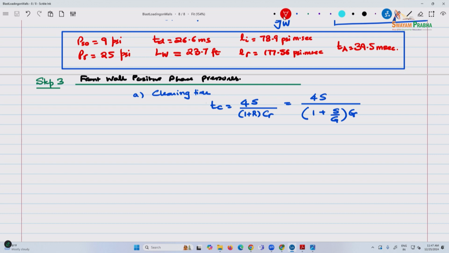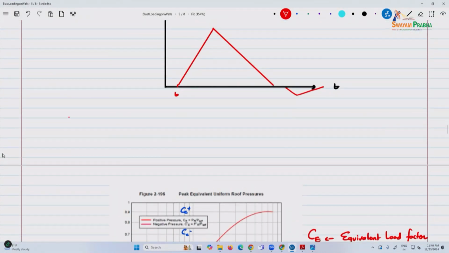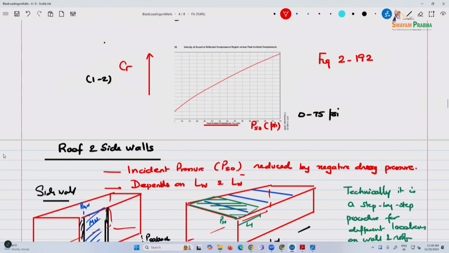And as we had seen earlier, CR is the reflected pressure region sound velocity, or sound speed. And this comes from figure 2-192. So here you see in terms of PSO, this is figure 2-192.